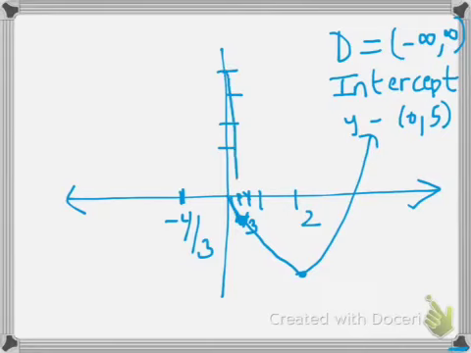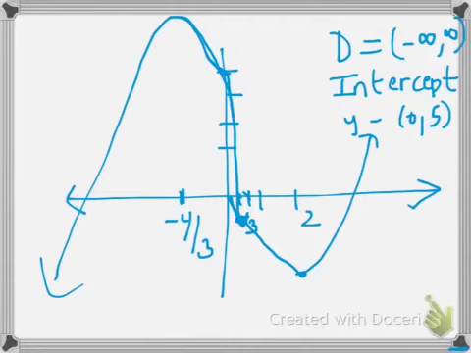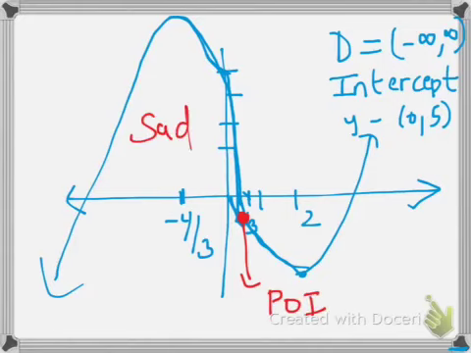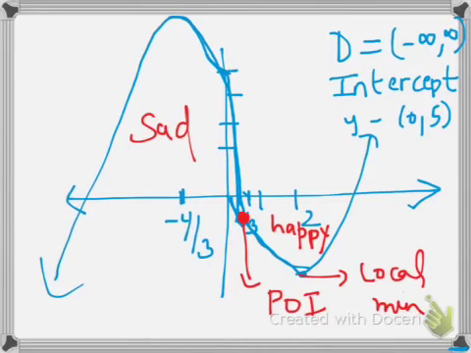So something like this is going on, and something like this. So that's where the concavity changes, this is my point of inflection. It's changing from down to up. So it's sad here and happy here, right? And that's my local min. And somewhere over here is my local max. This is the y-intercept 5.